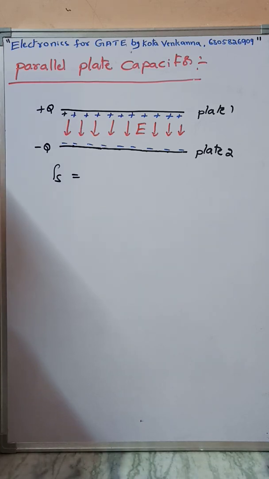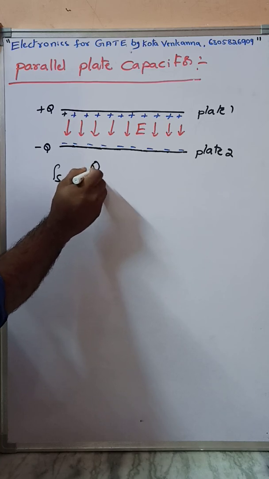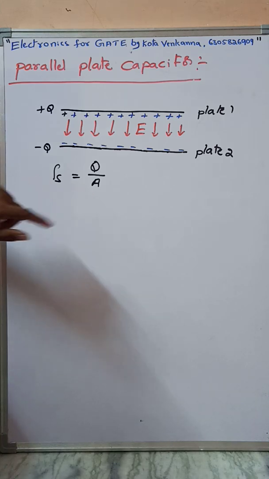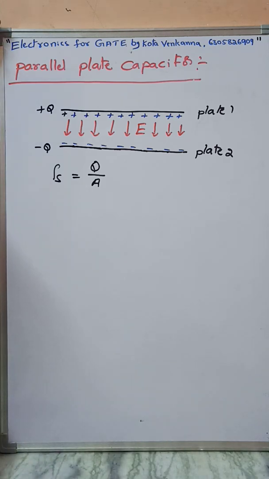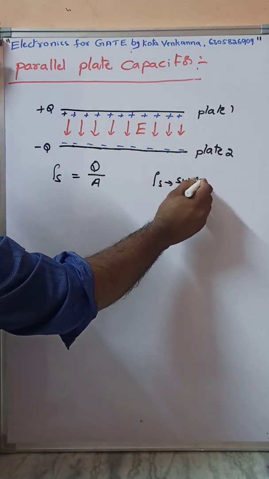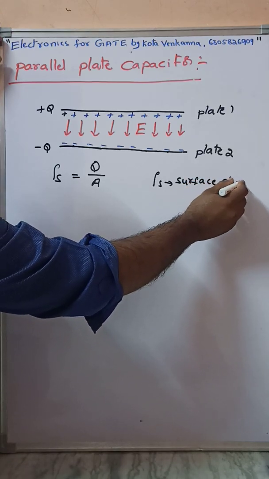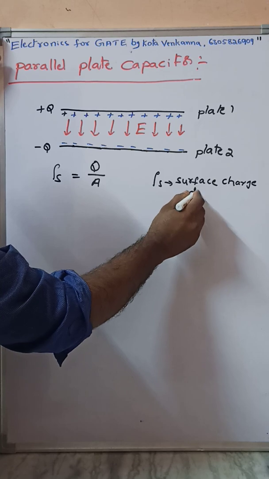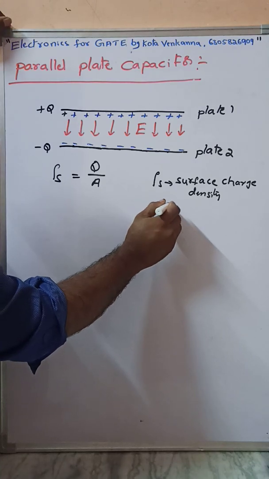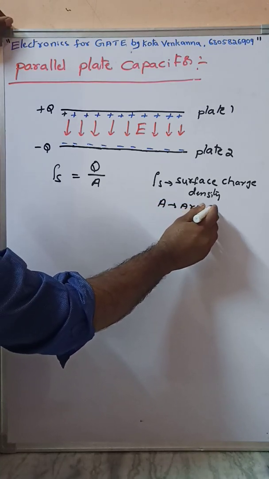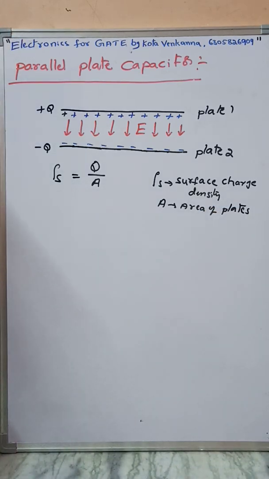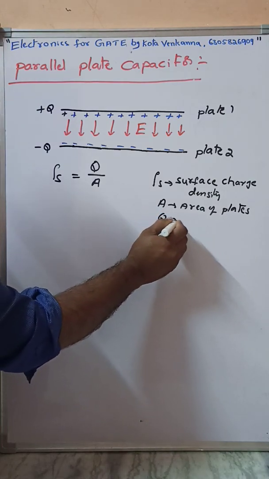So rho s is equal to Q by A, where A is the area of the plates, rho s is the surface charge density, and Q is the charge.